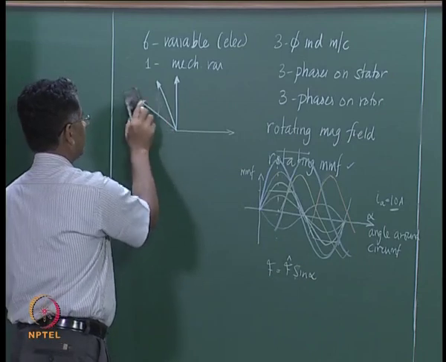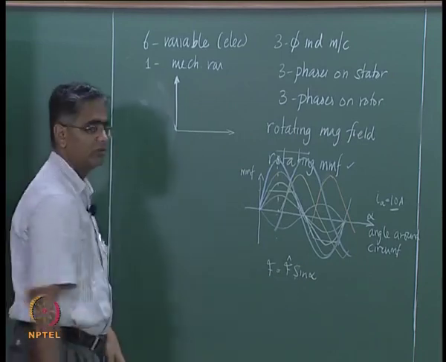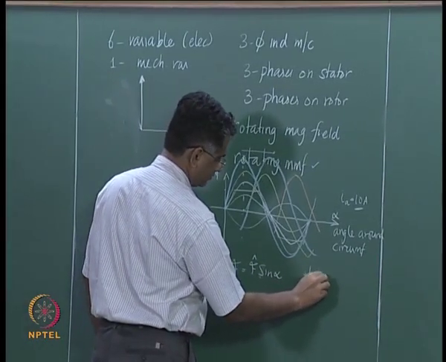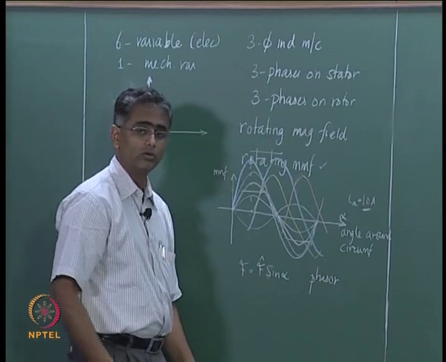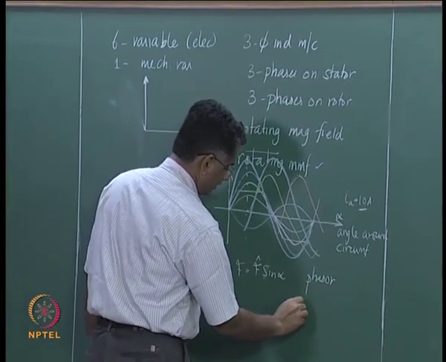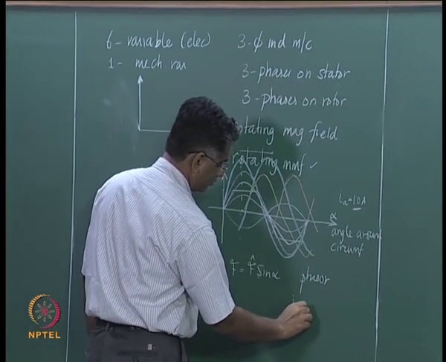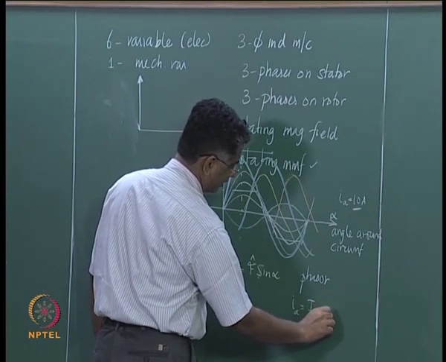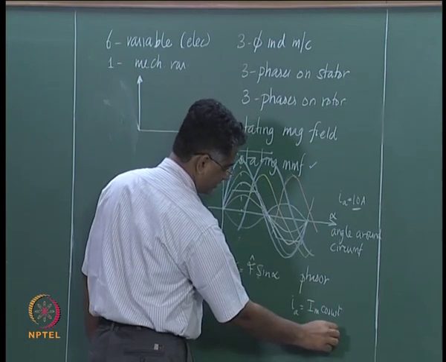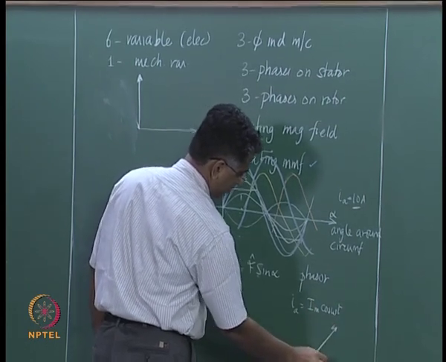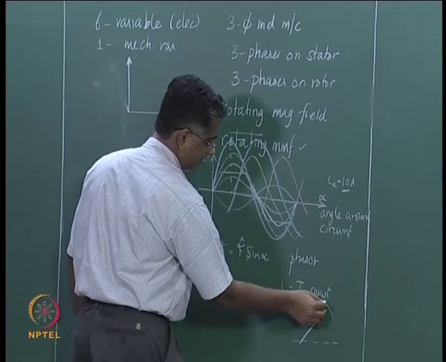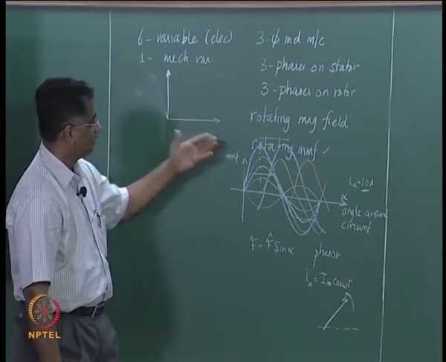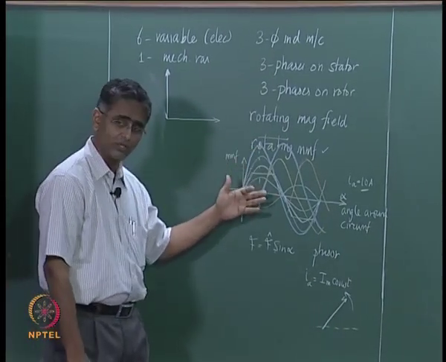Now, this interpretation looks very similar to your normal phasor representation, which you use for an electrical quantity, let us say iA, you would call it some Im cos omega t, and then you would represent this as a phasor with respect to a horizontal axis which is rotating with respect to time. Here also there is a very similar situation.